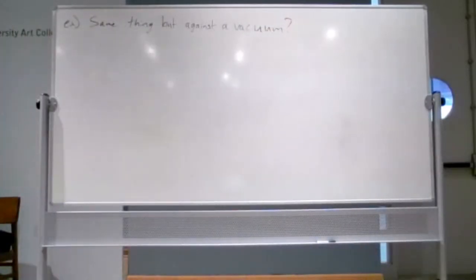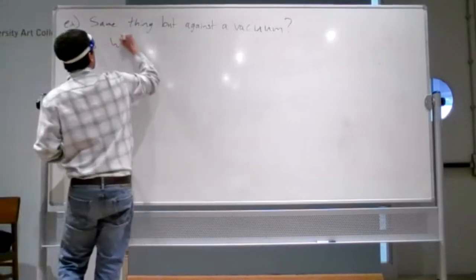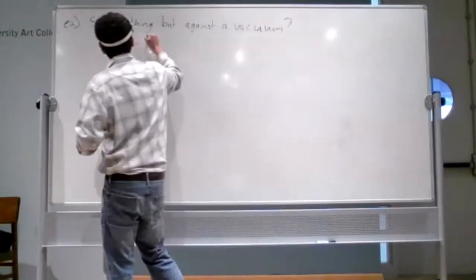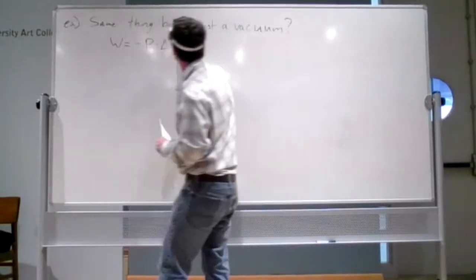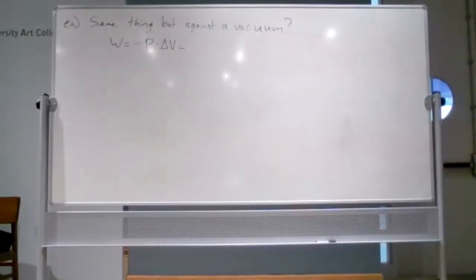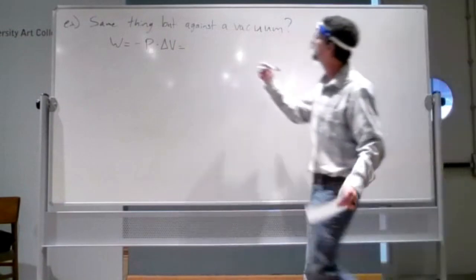So in that case, what's the total work done? Well, let's hop back to the work equation. Work is equal to what in this course? Yep, negative P delta V. Okay, what's it going to be equal to then? You say the word vacuum, what does that mean?